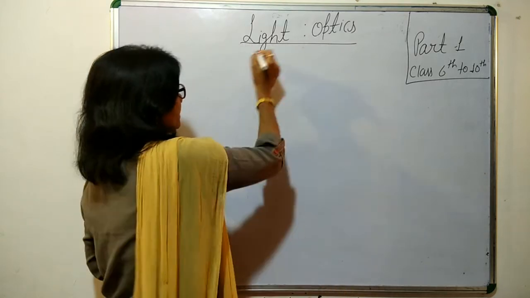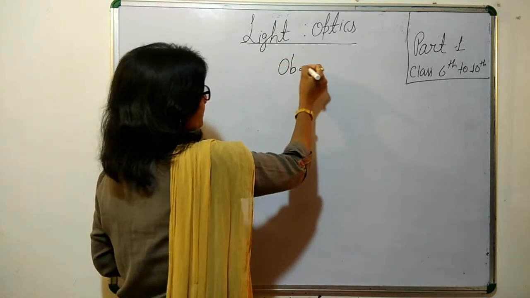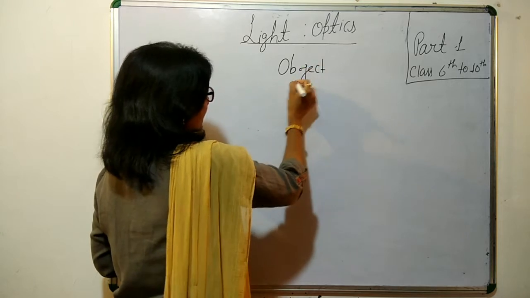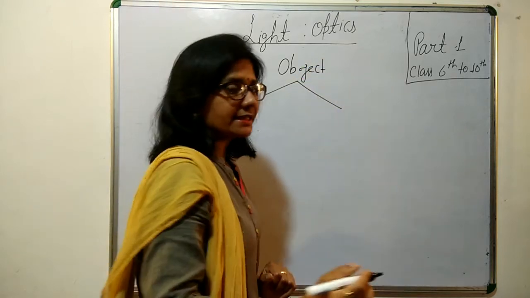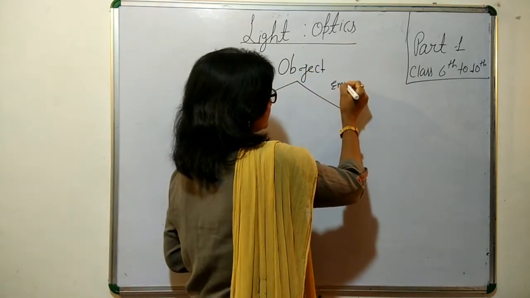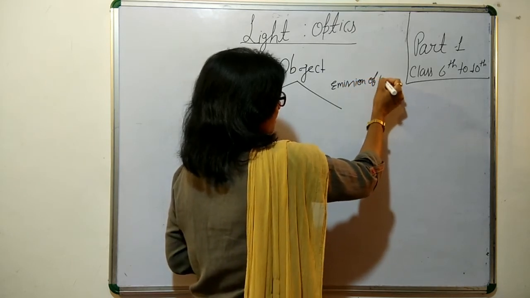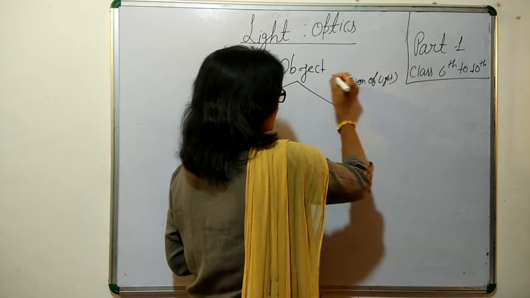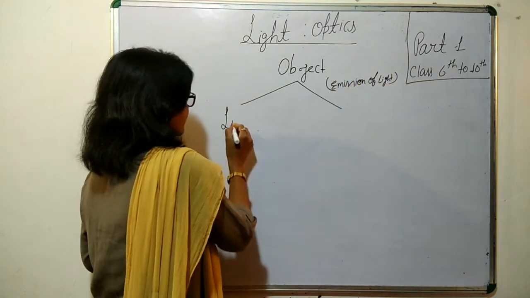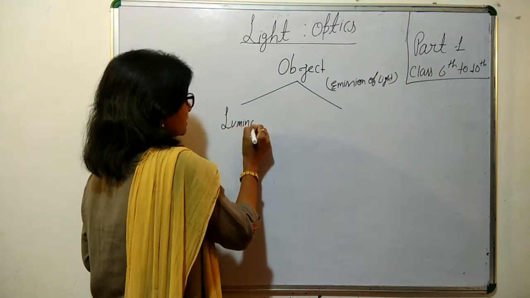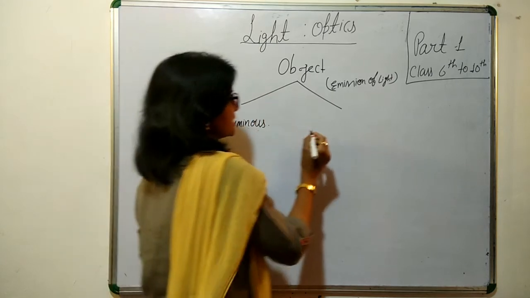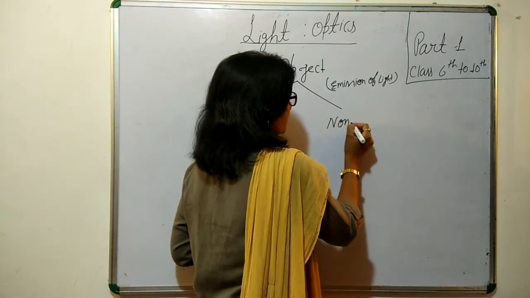So let's see, the criteria is emission of light. One is luminous object, and the second is non-luminous object.